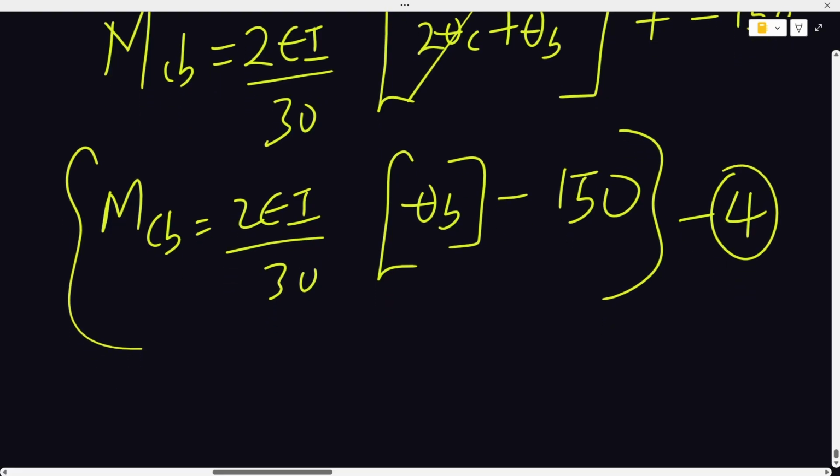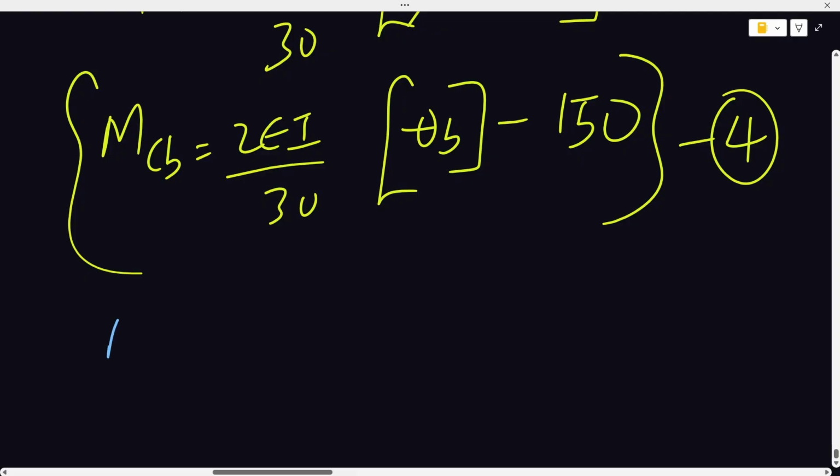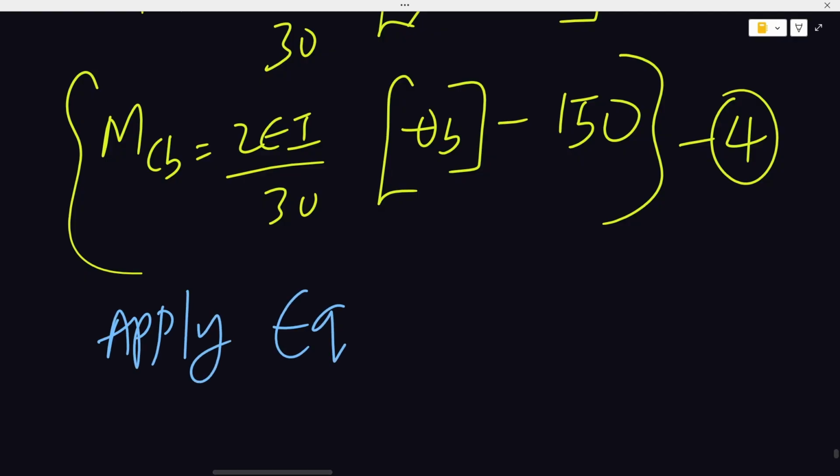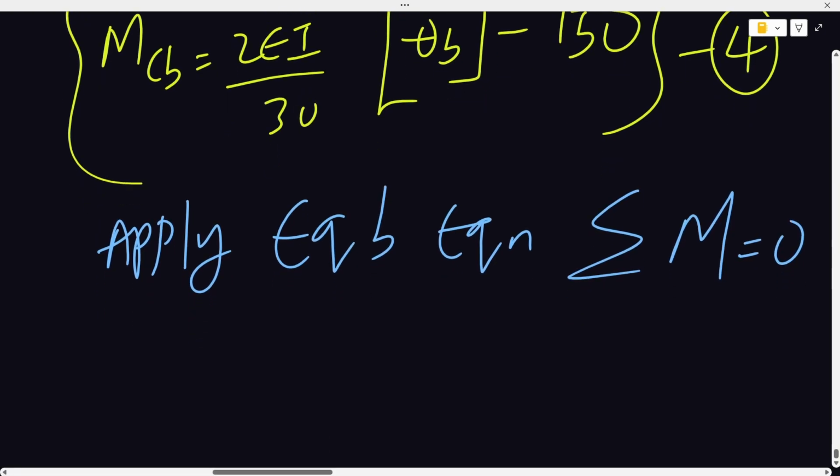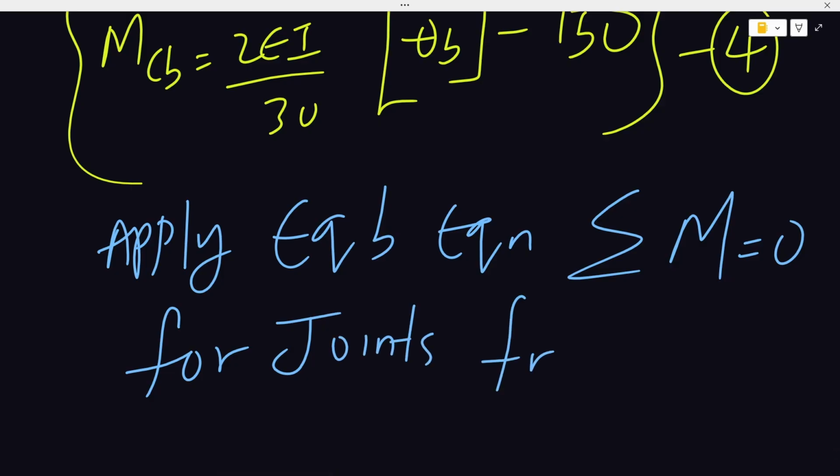The next step is to apply the equilibrium equation, just one, which is summation M equal to 0 for the joints that are free to rotate naturally.